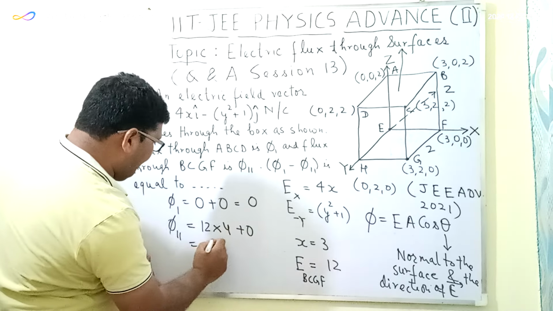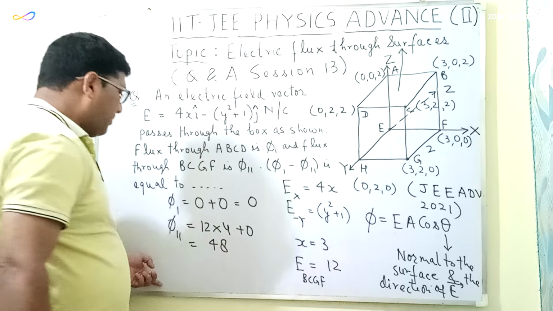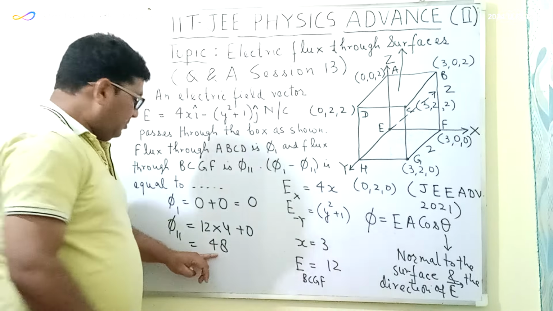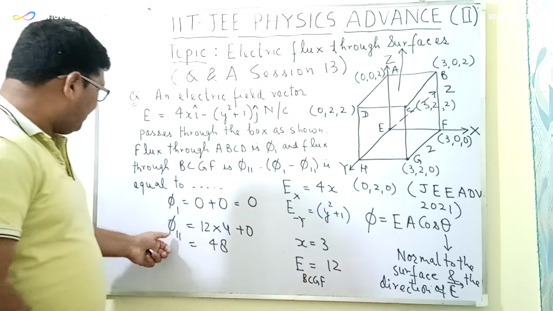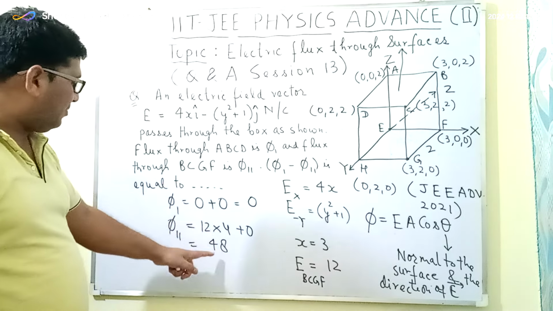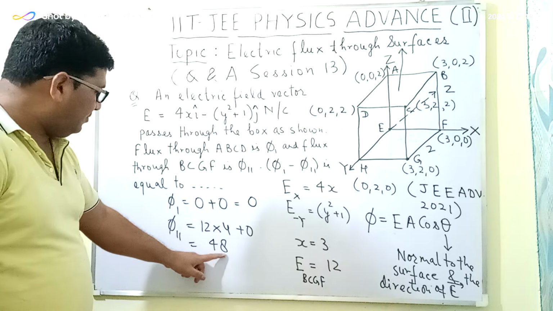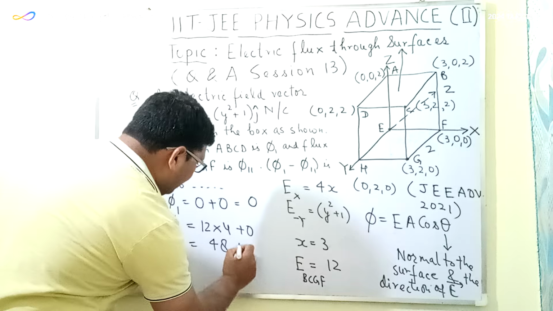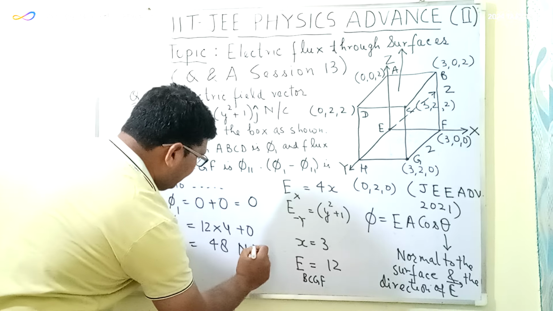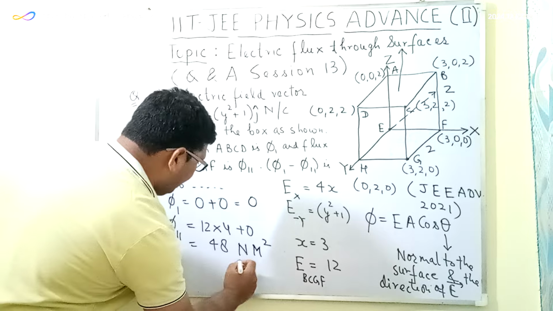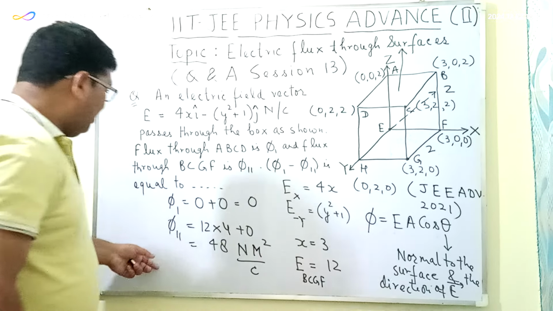So the total flux, that is phi 2, passing through the surface BCGF will be equal to 48 and the unit of this will be Newton meter square per coulomb.